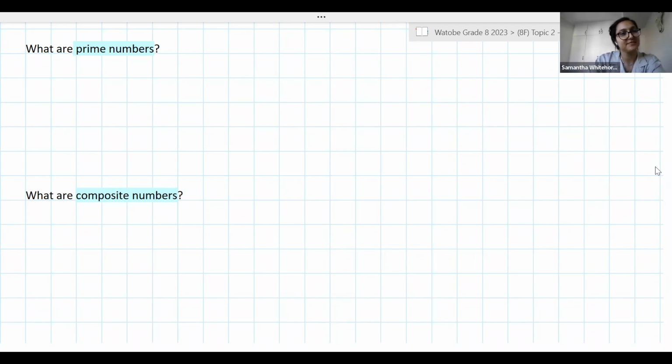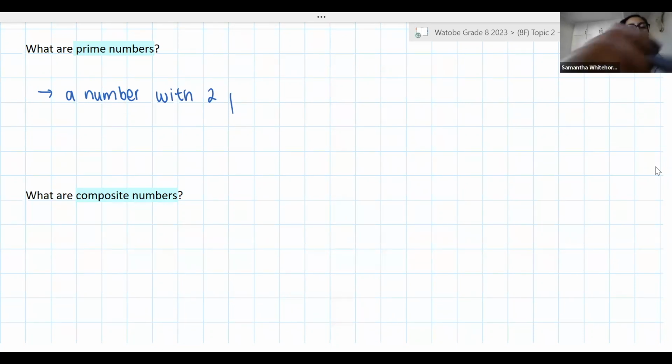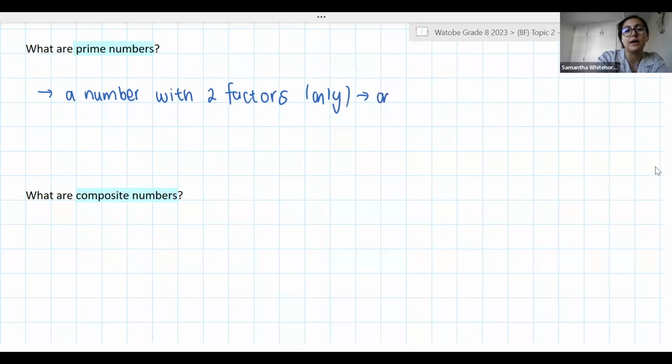A prime number is a number that has two factors, which is one and itself. Okay, so guys, a prime number is a number with two factors only, and those two factors are one and itself.